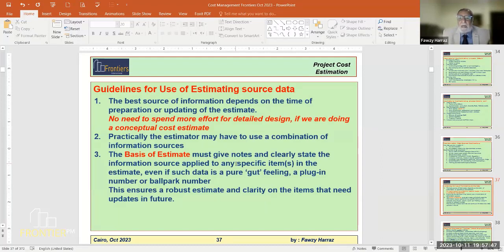But if you are doing a conceptual estimate, with accuracy plus or minus 25%, you can make some assumptions. So the best information depends on what the estimate will give: a feasibility estimate, a concept selection estimate, or a definitive estimate. So this is rule number one.